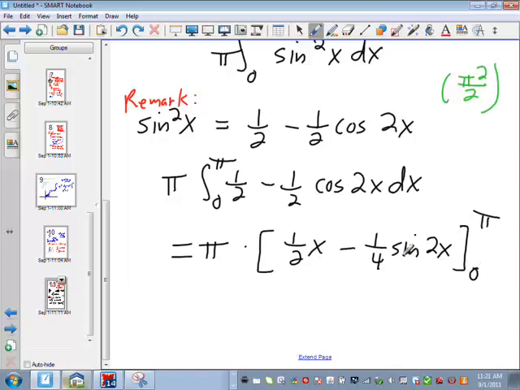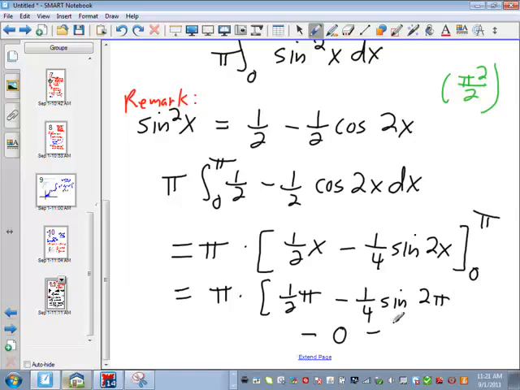Plug in pi, 0, and subtract. This is equal to pi times 1/2 pi, and apparently everything else goes away, minus 1/4 the sine of 2 pi, minus 0 minus 1/4 the sine of 0, but again, all of that's nothing.